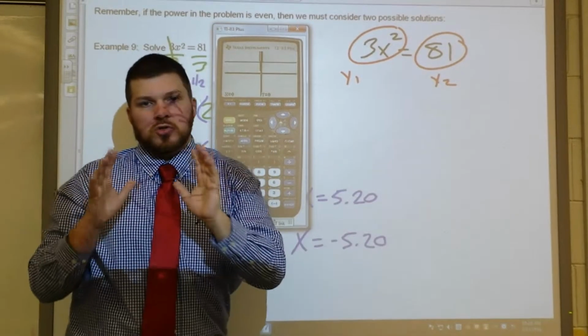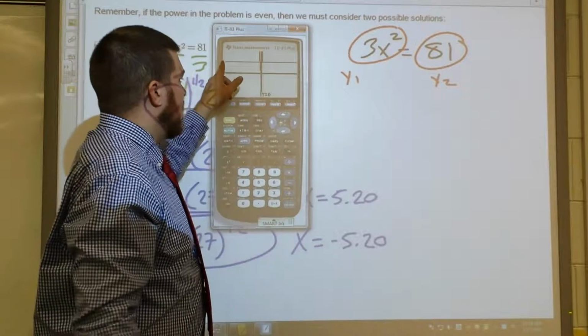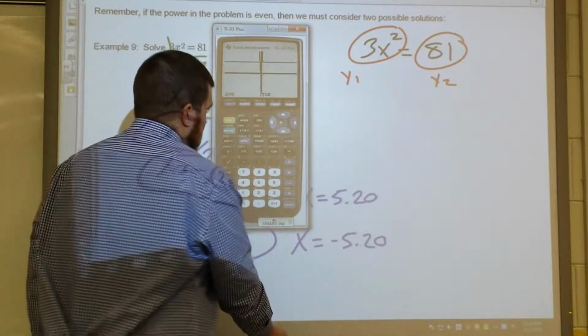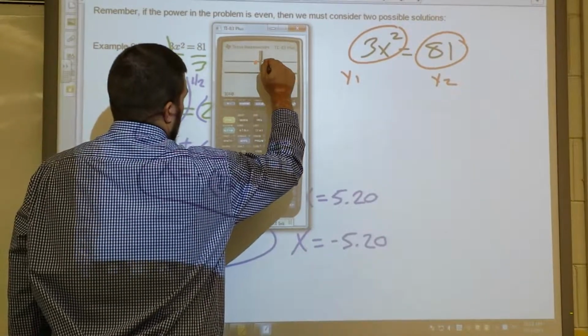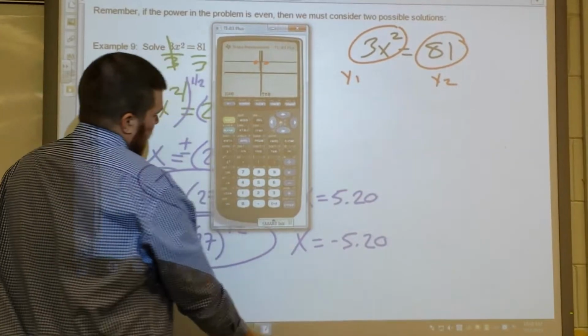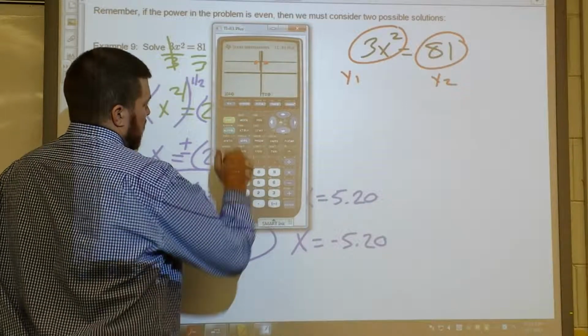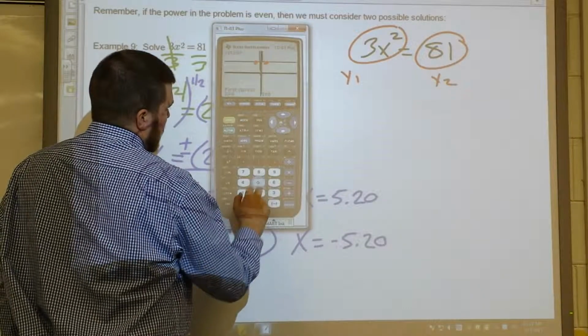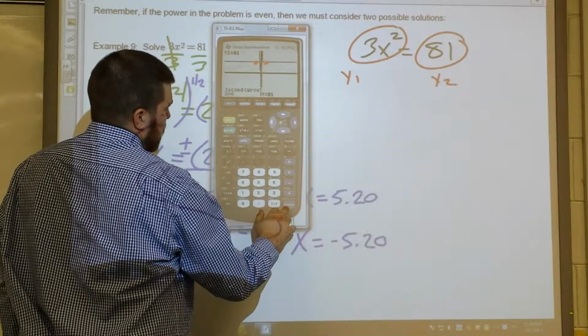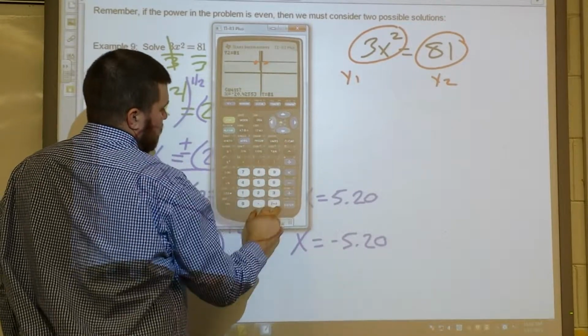We saw that our original graph was a U shape, so this line that's going across is going to touch in two places. Somewhere over here on the left, somewhere over here on the right. And I'm going to kind of exaggerate that a little bit because I don't want my calculator to get confused. So now I'll go through my process. Second calc, option 5 for intersection. First curve enter, second curve enter, yes.